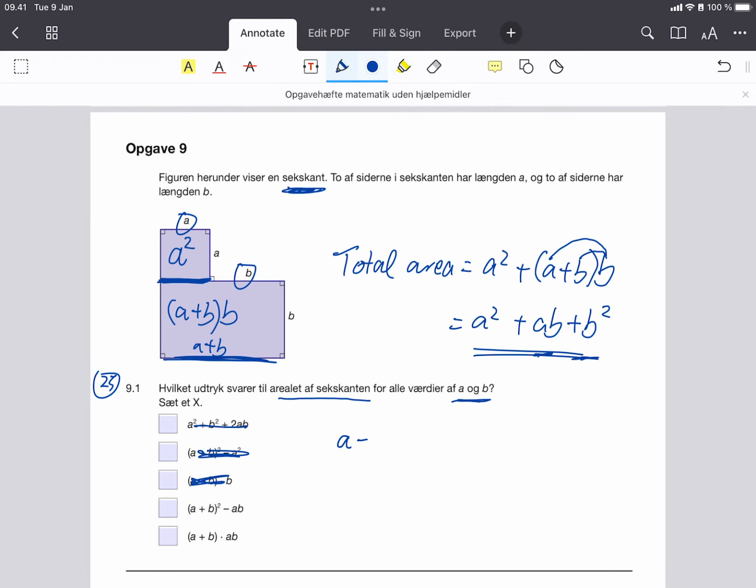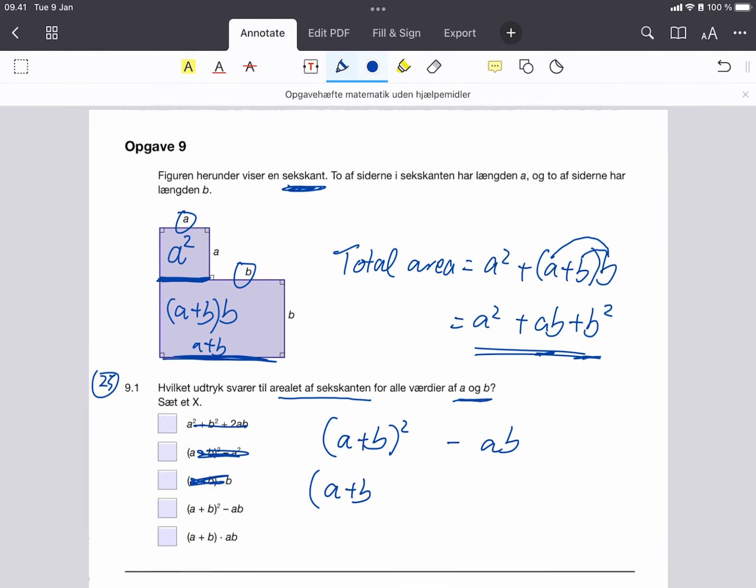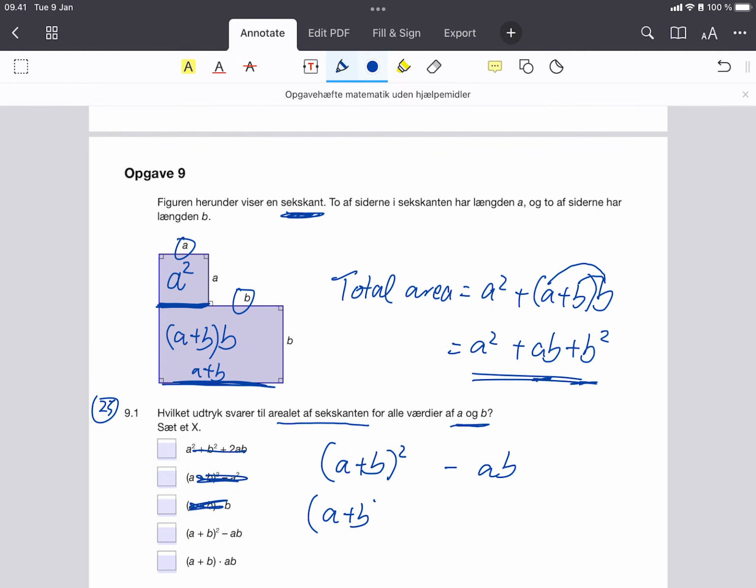So we've got a plus b squared minus ab. A plus b squared means a plus b times a plus b, and then minus ab.